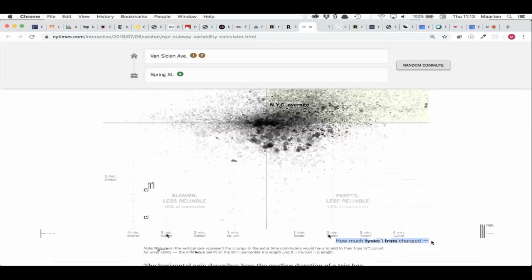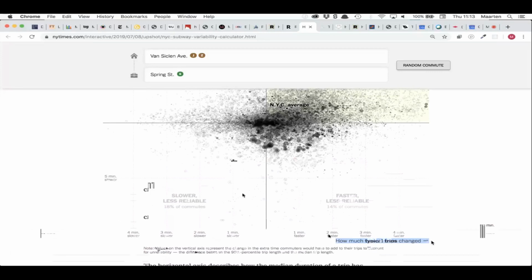So those are human readable labels. It doesn't just say 3M, for example, or minus 3M. It says 3 minutes slower. So it's making the data better understandable by making these labels using natural language instead of just using numbers.